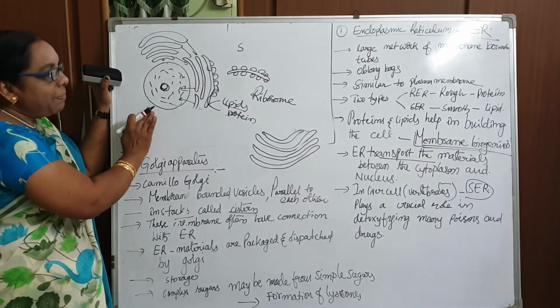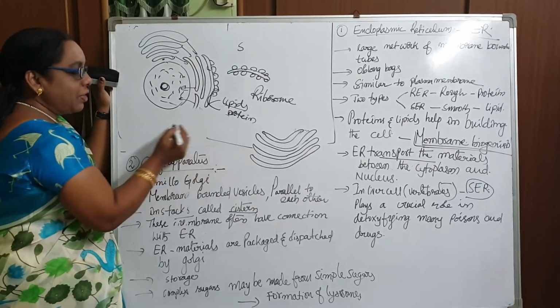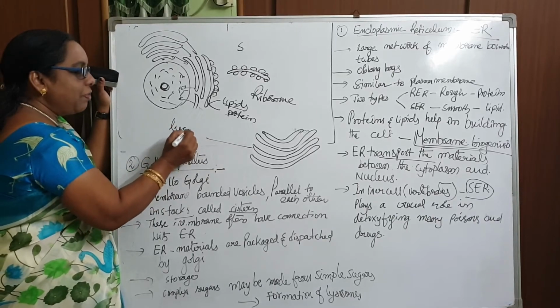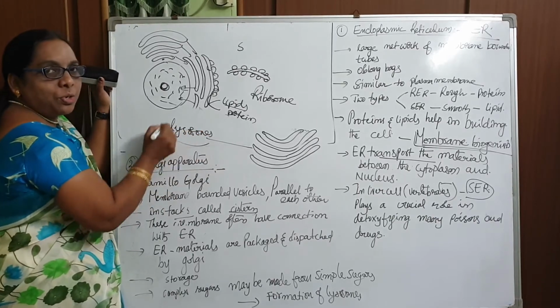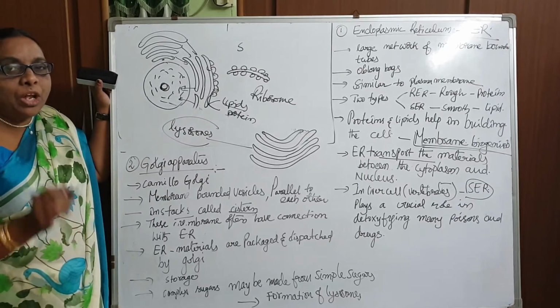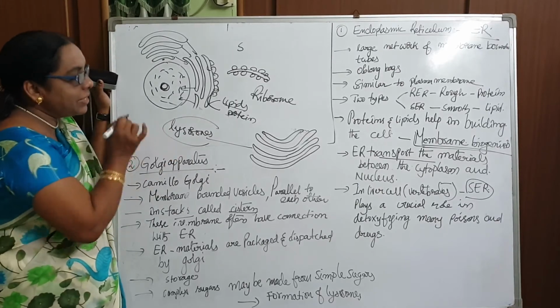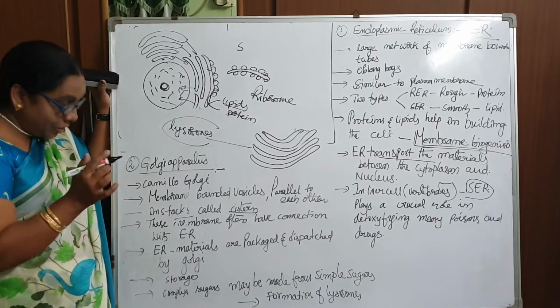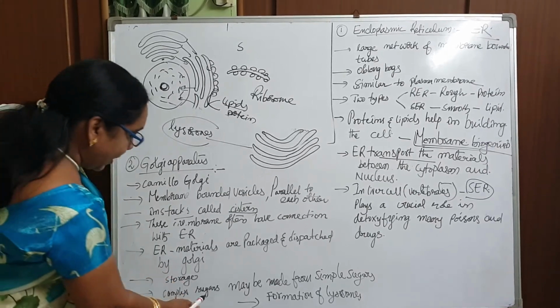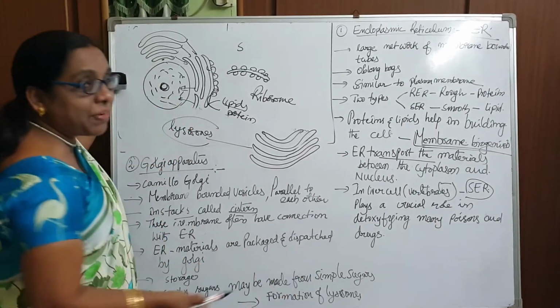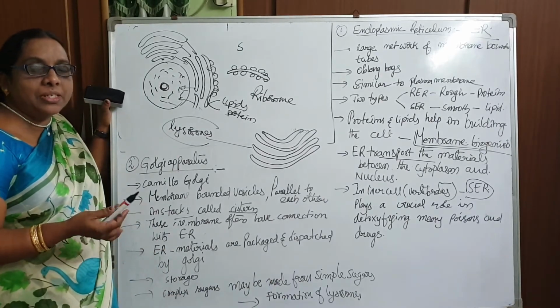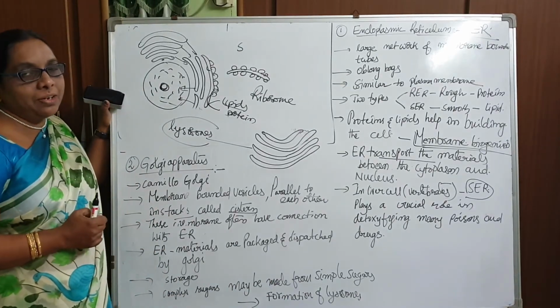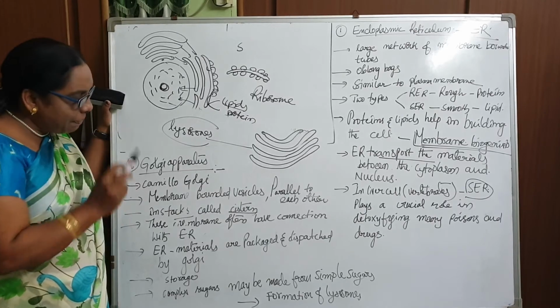The main function of this Golgi complex is to help form the lysosomes. Not only that, the Golgi complex also helps to develop complex sugars from simple sugars. What is the main function?